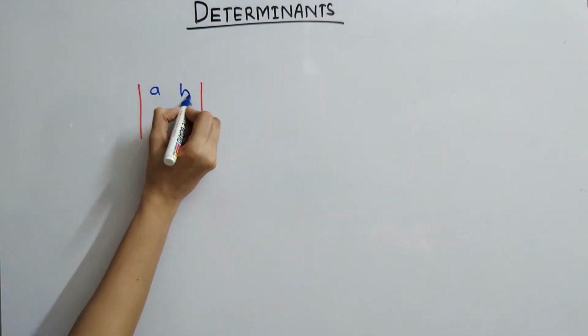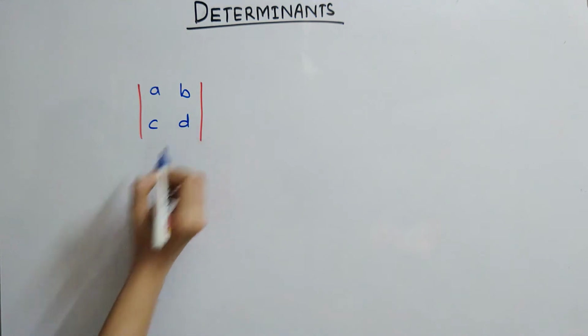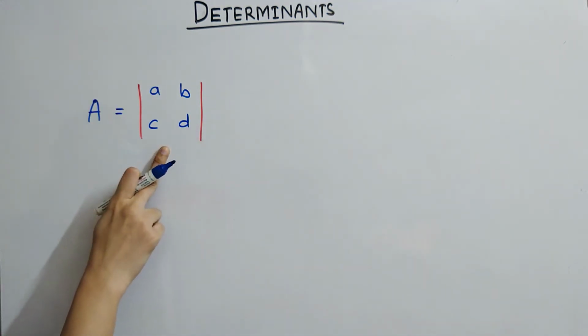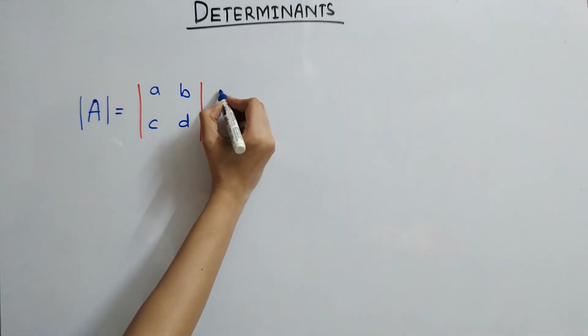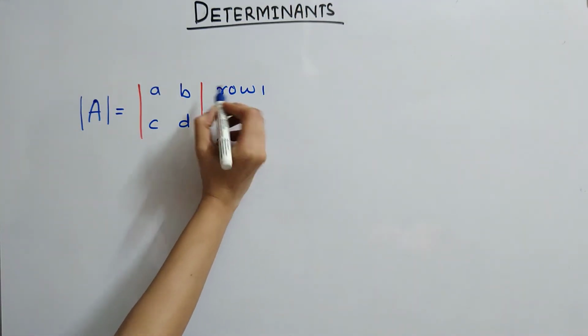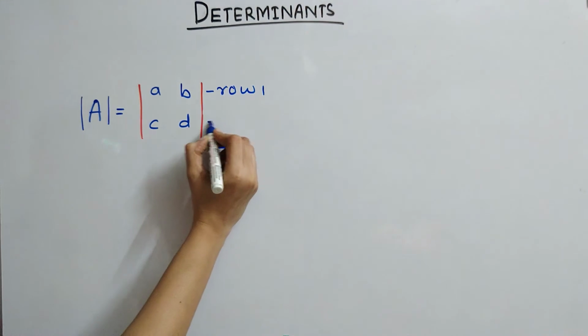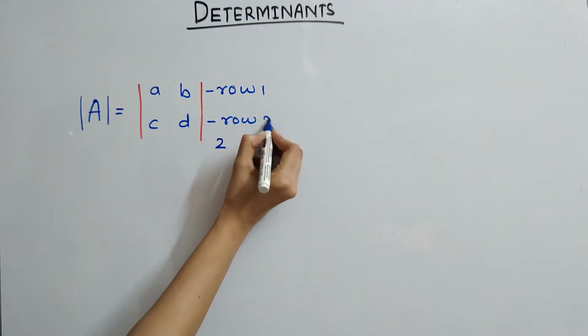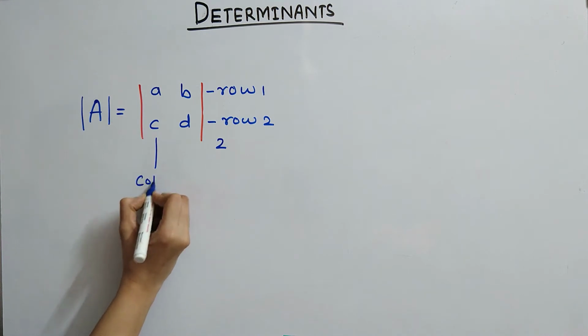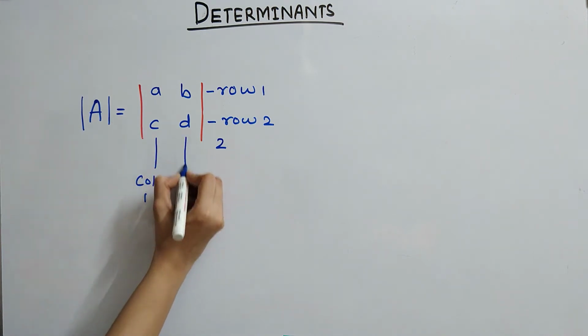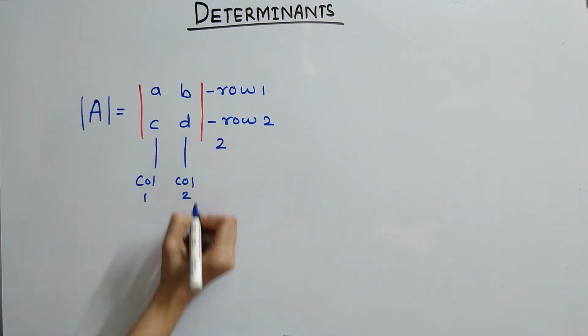So consider this representation, which is called a determinant of order 2. Now a b is called row 1 of the determinant, c d is called row 2. This a c is called column 1 of the determinant and this b d is called column 2.